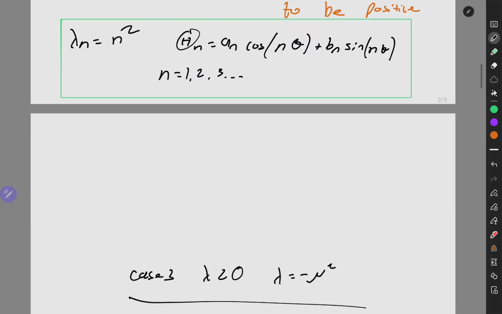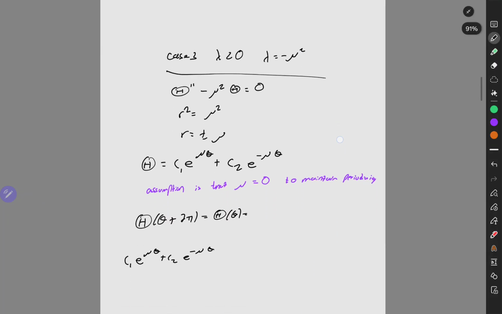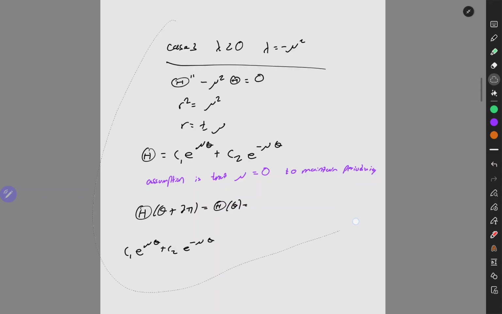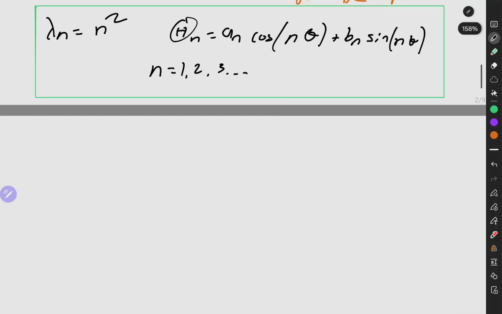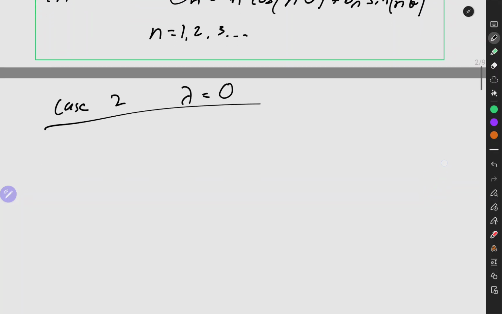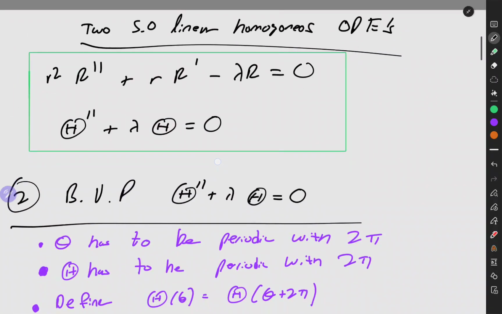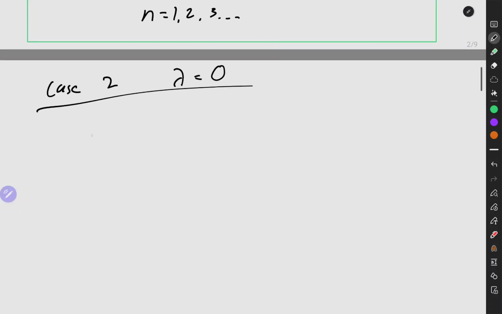Let's look at case 2. Lambda is equal to 0. If lambda is equal to 0, look at our formula. Theta double prime equals 0.